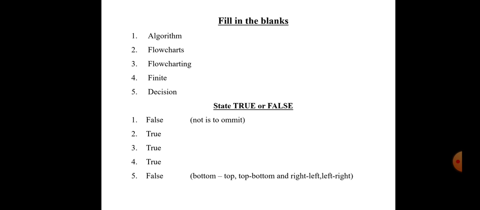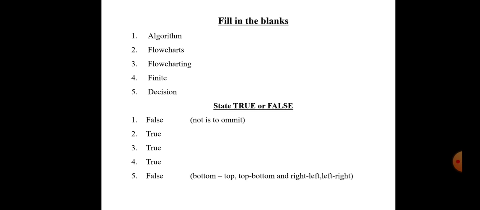In the last one the condition is false. Why? In place of bottom you have to write top. Where there is written bottom you have to cut it and write top, and where there is given top you have to write bottom over there. That means you have to interchange the words.